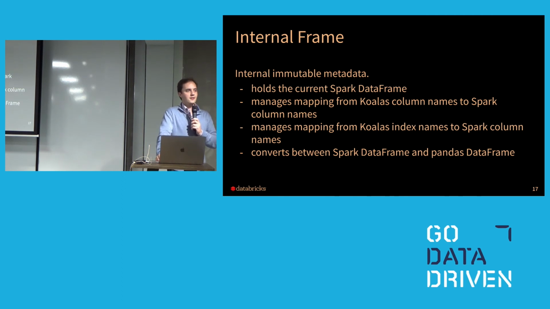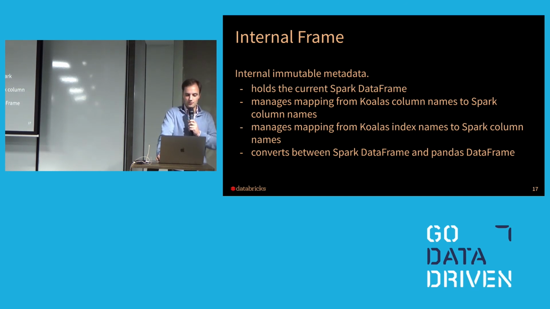One internal interface, which is immutable, which corresponds to the same model as Spark, where you create a new internal frame for all the operations you do, and a higher level public API, which supports all the seemingly mutating operations. And this higher level API simply registers all the operations that it needs to do before executing them.